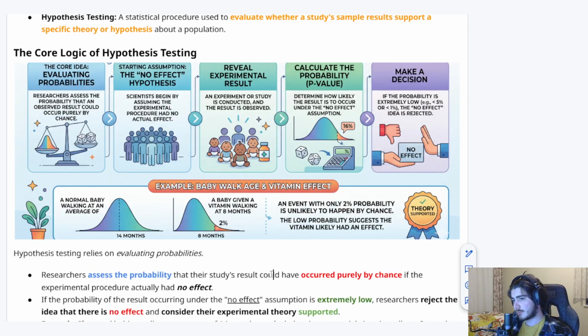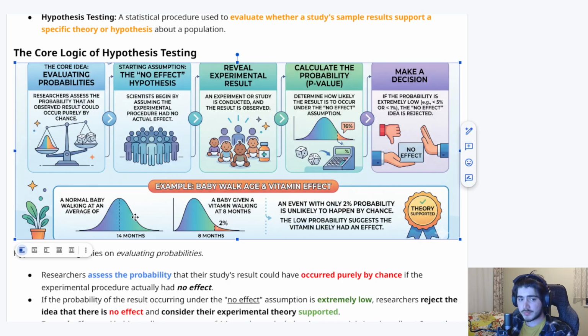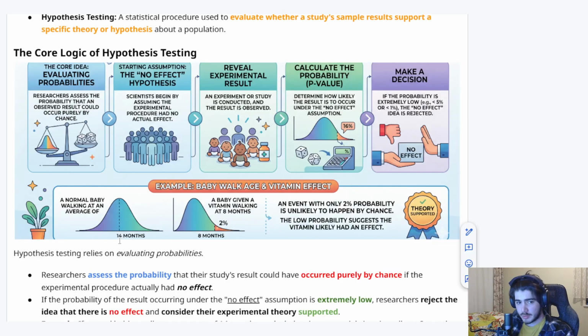So, for example, if you developed a vitamin that would make newborns start walking at 8 months instead of 14 months, your H0 hypothesis would be that your pill has no effect and the babies will not be walking earlier than usual.